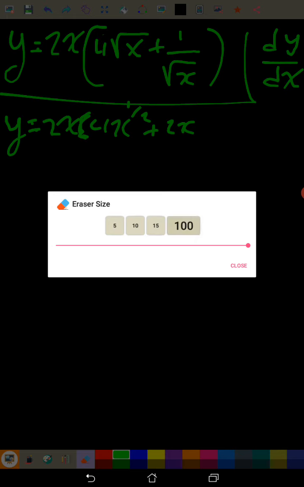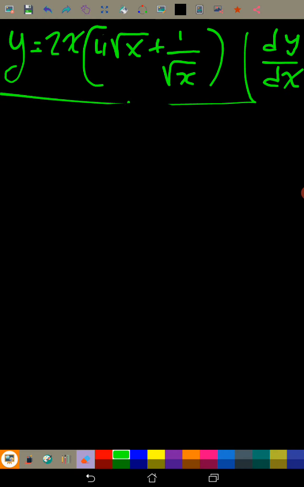Let me just erase this. Okay, we'll start over again. So I have 8x times x to the power of half, plus 2x times x to the power of minus half this time.